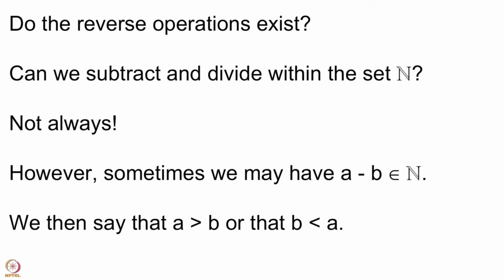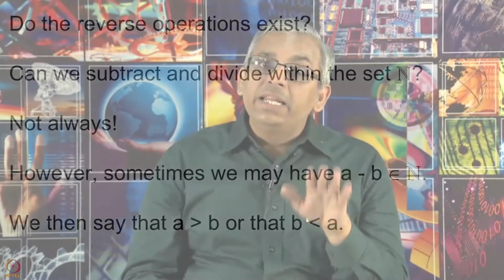So, using this definition we see easily that 1999 is smaller than 2020, or 2020 is bigger than 1999.